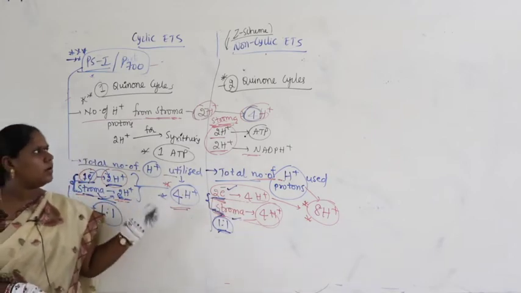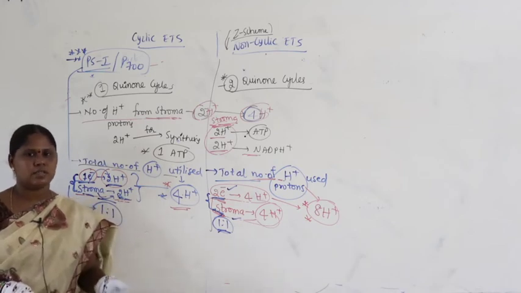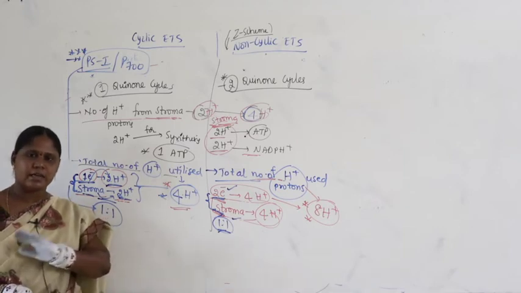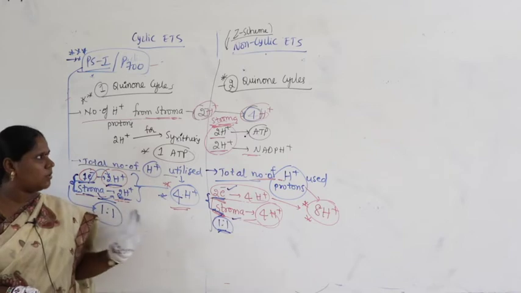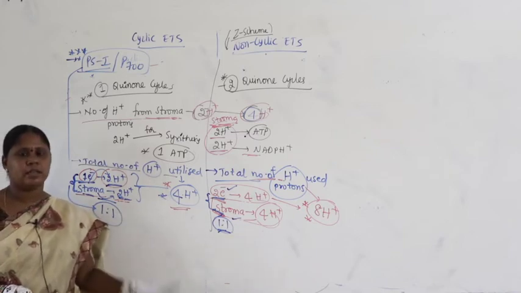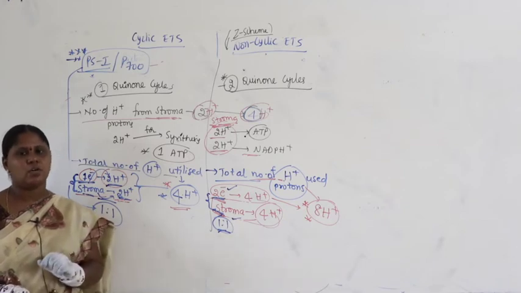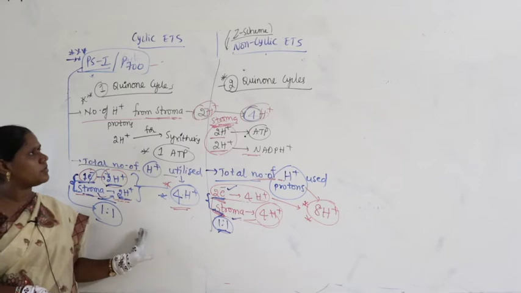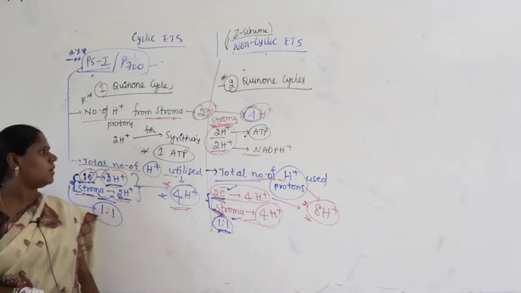So according to the question, guys, you have a number of questions to answer. Mostly with cyclic and non-cyclic, people always get confused in answering the weekend exams. If you are thorough with the differences so clearly here and there, then nothing can confuse you from any part of the concept. I think now you are very clear with the cyclic electron transport system and non-cyclic electron transport system, right?